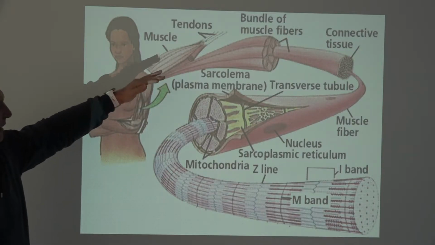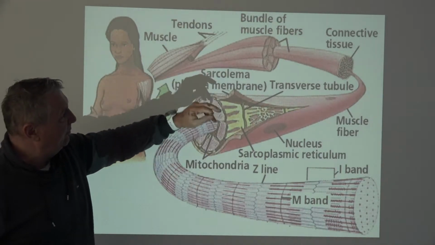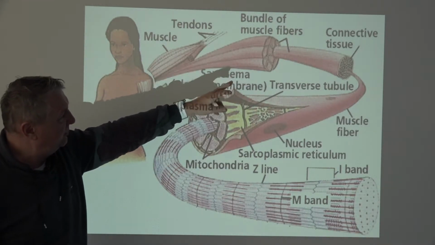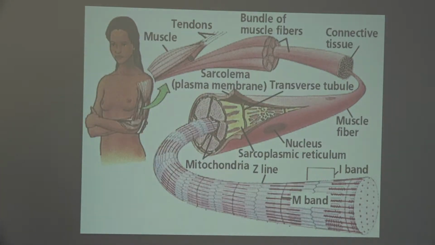And then if we break down the muscle to smaller unit, we have muscle fibers which are covered by connective tissue. This could be extremely important for the protection of muscle fiber.